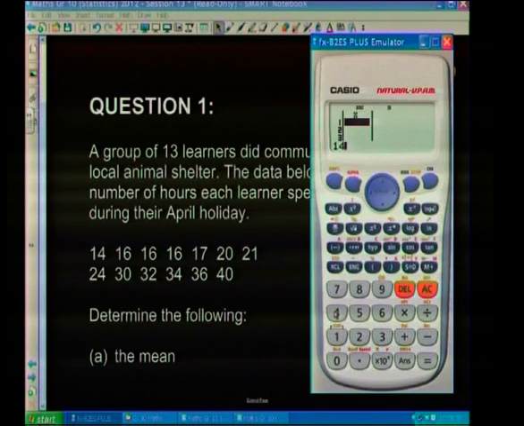So I'm going to say 14 equals, 16, 16, another 16, then 17, 20, 21, 24, that's a long time at the animal shelter, 30, 32, 34, 36, and 40.